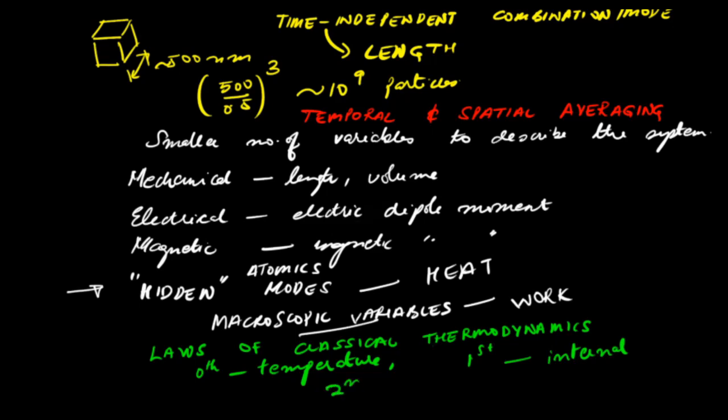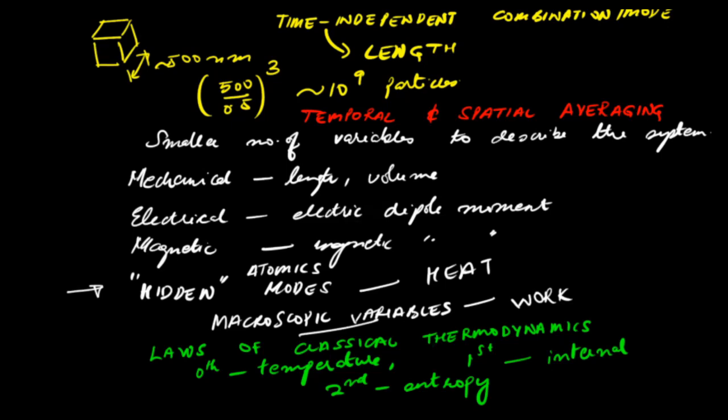Then the second law, we'll see later, will define a new variable, that is entropy. And the third law will not introduce any new variable, but it will put a restriction on the permissible lower limit of temperature that is introduced by the zeroth law. So in this course, we'll study the laws and then apply them to analyze energy conversion processes.